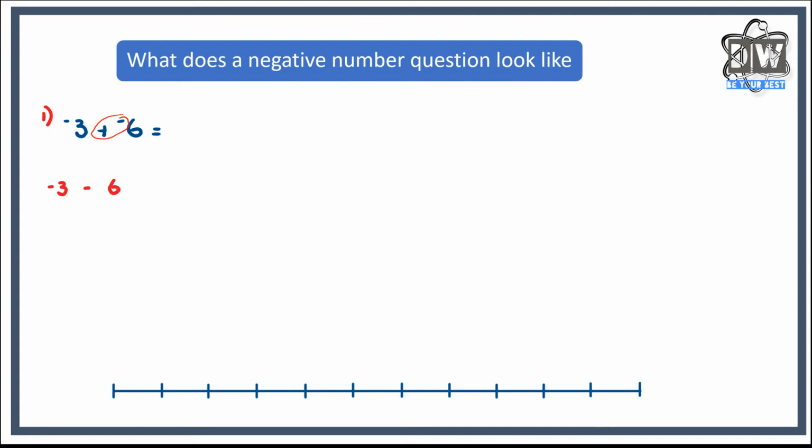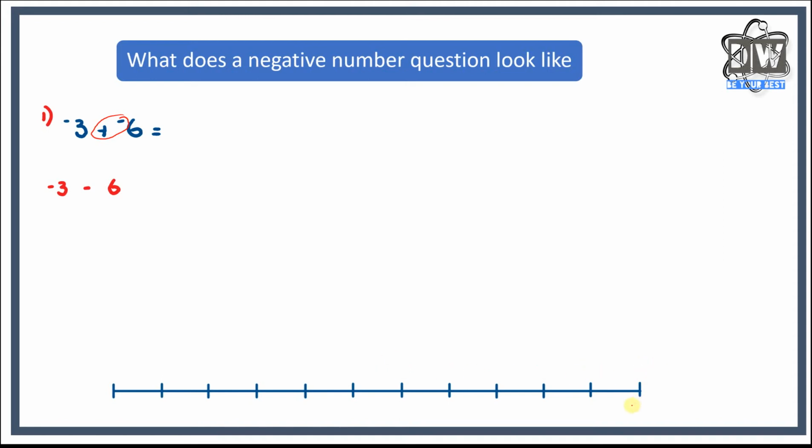So what we do on a number line is we say, okay, we know we're minusing. If we were minusing something, we'd move to the left. I hope you understand that, because let's say we had 0, 1, 2, 3, 4, 5. If we were starting at 0 and we were adding, we would be moving to the right, wouldn't we? If we were subtracting, we'd be moving to the left. So we know we're moving to the left.